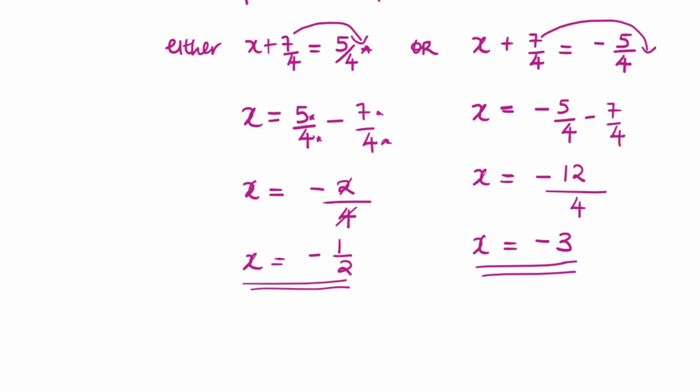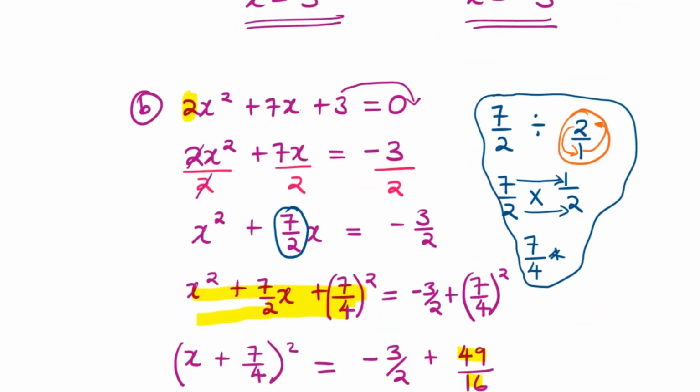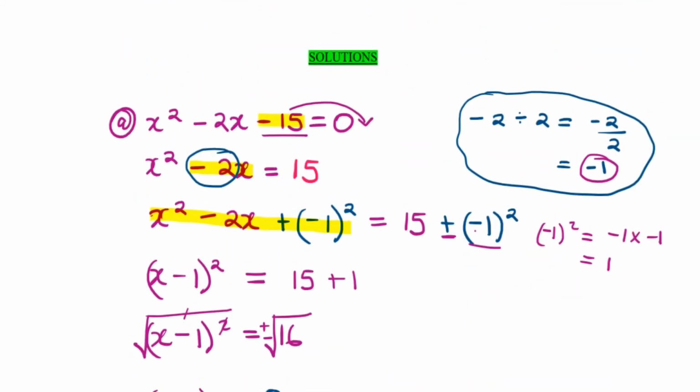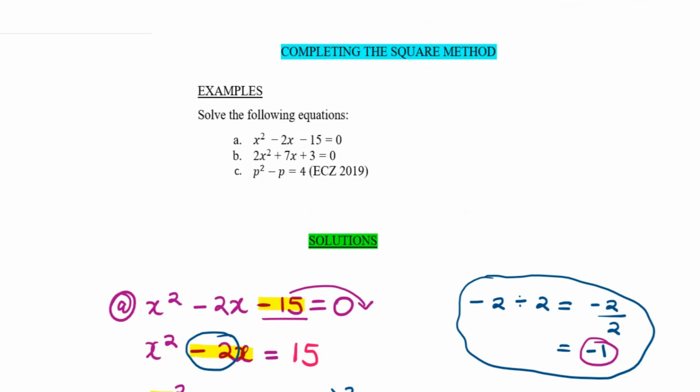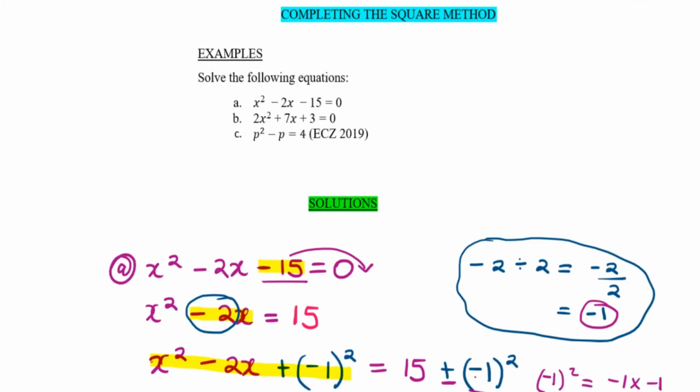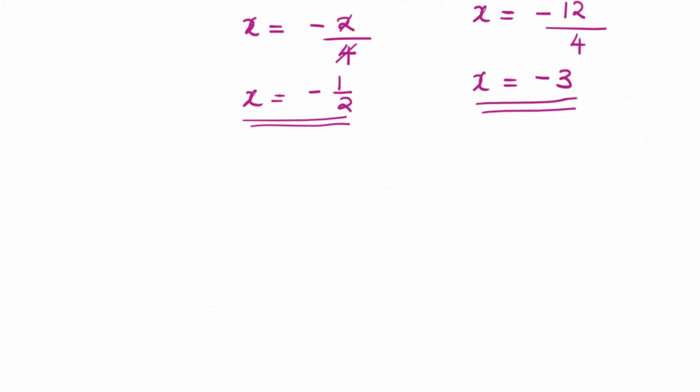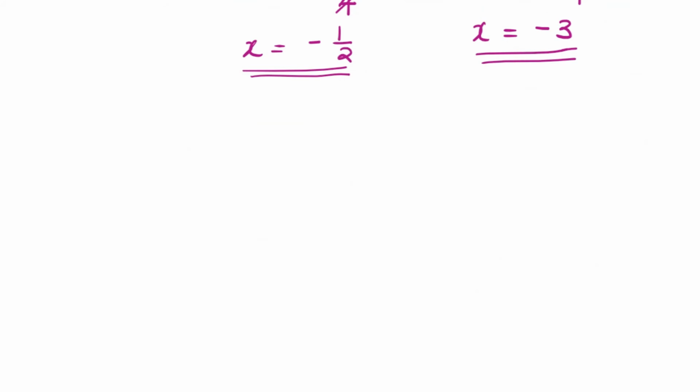We can now proceed by looking at example 3. Example 3 was saying p squared minus p is equal to 4, from ECZ 2019. So we have p squared minus p is equal to 4.